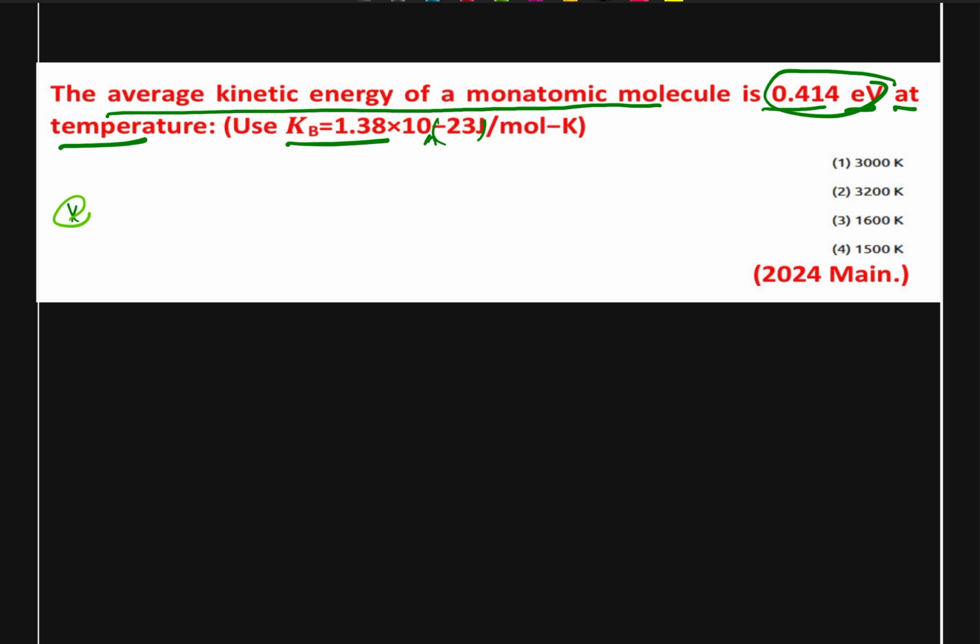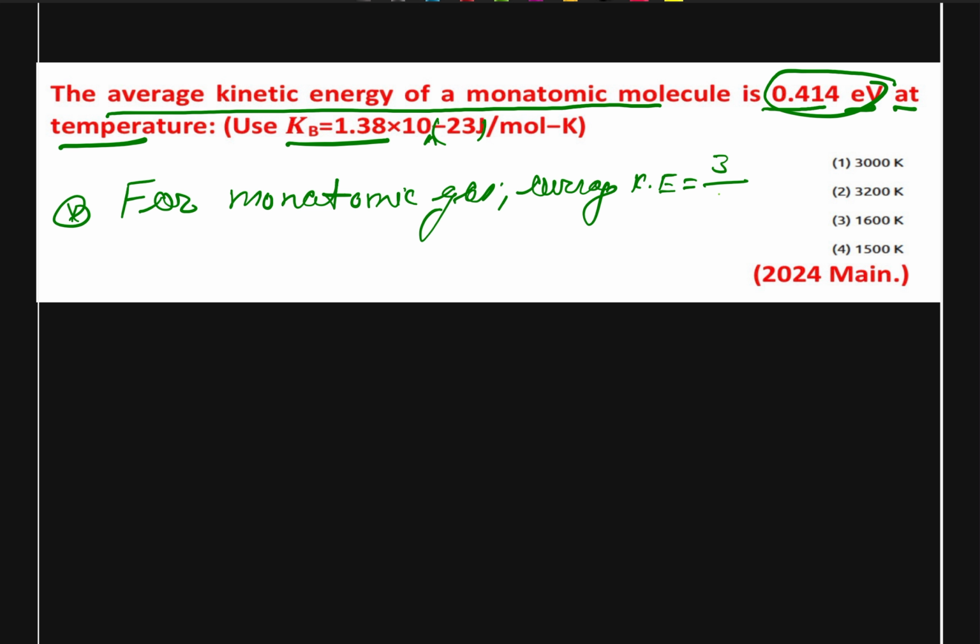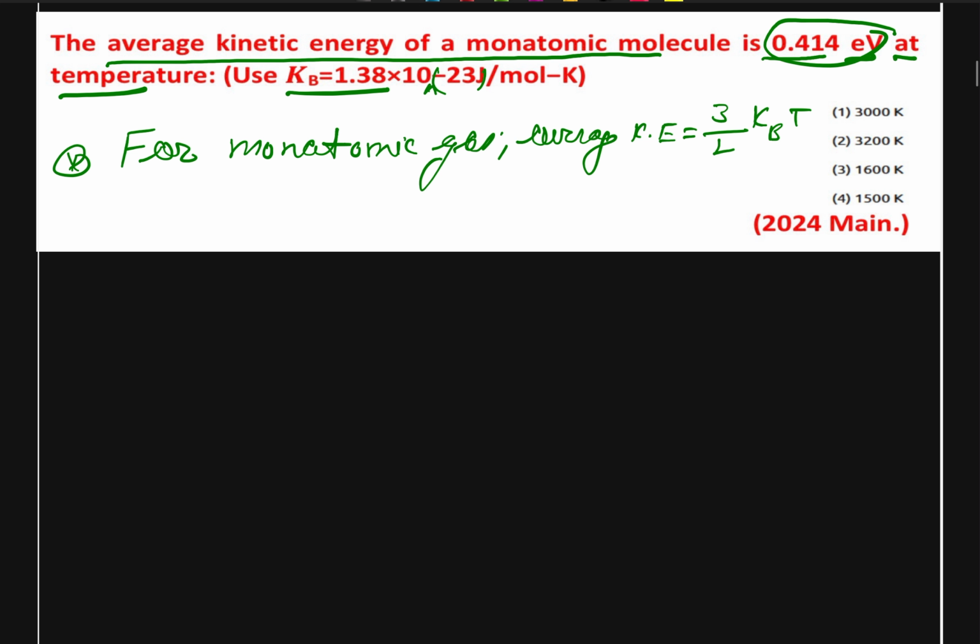So we can say that for a monatomic gas, the average kinetic energy is equal to 3/2 k_B multiplied by T, and this is given to us in terms of electron volts, so we have to convert this into joules. Anyway, we can just equate them both.